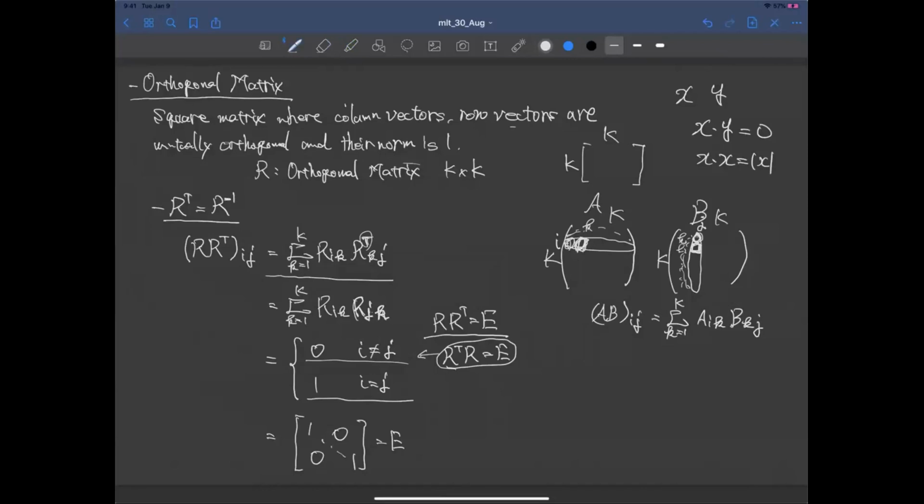Oh, but that's our inverse matrix. At the very beginning, the first character looks like dash R transpose. So if you read it, minus R transpose is the inverse, but no, not minus R transpose. That's not the inverse, right?